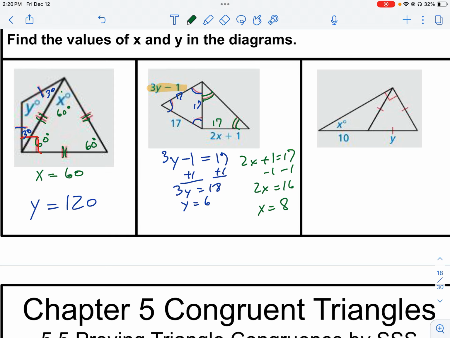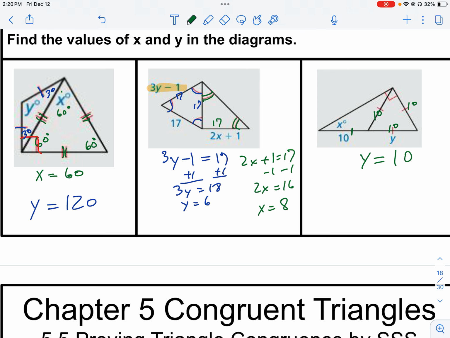Now, in the third one, I would be very surprised if you were able to get this one because we're missing a piece of information. It appears we have a bad diagram. But if we put that in, that makes this 10, and this 10. So y equals 10.